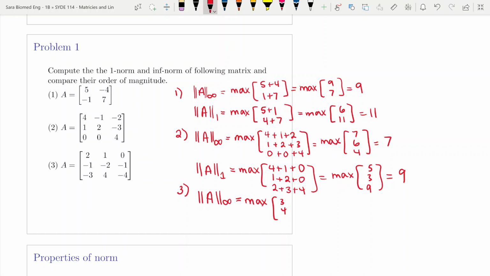The second entry is minus 4 plus 7, in absolute values. We take a max over this: the first one is 6, the second one is 11. The max value is 11. This is the column sum norm.